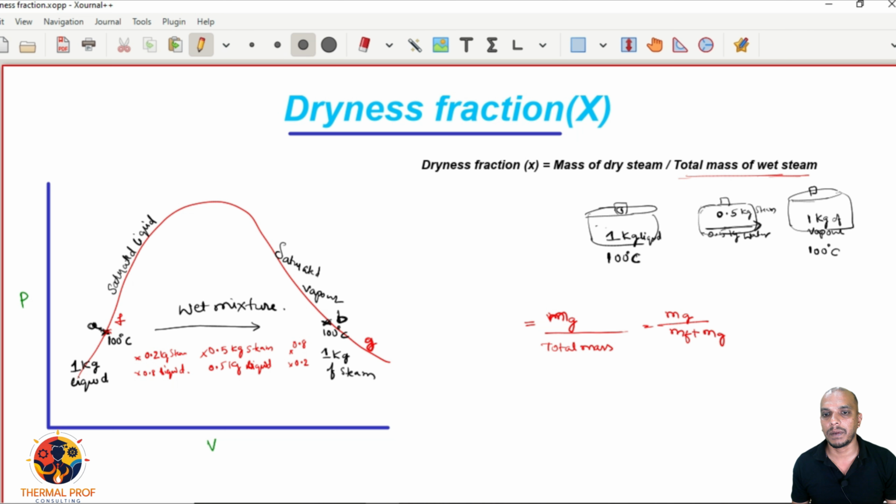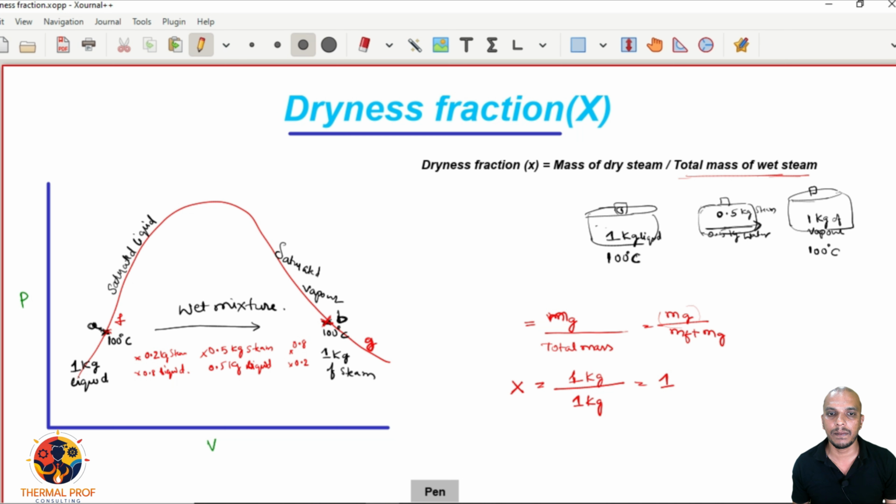Now, let us denote this by x. x is the amount of vapor in the total mixture. If you go to the right side, the mass of water vapor on the saturated vapor line will be 1 kg out of 1 kg, so it is completely steam.